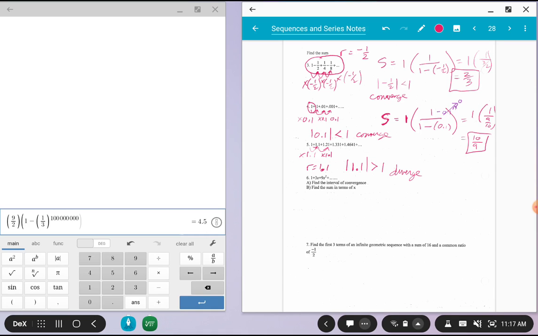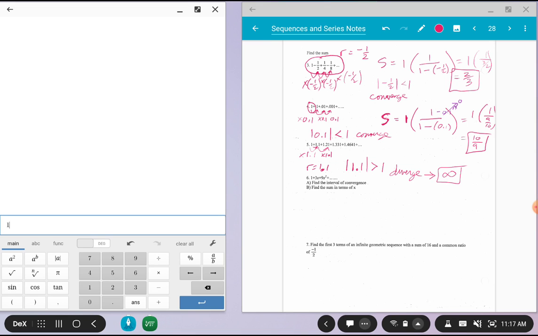Because it diverges, we really shouldn't be adding this. We know what it goes to. Divergent problems go to infinity. You can even test it out. You can say 1 plus 1.1 plus 1.21, plus, keep on going, 1.331 plus 1.464, right?